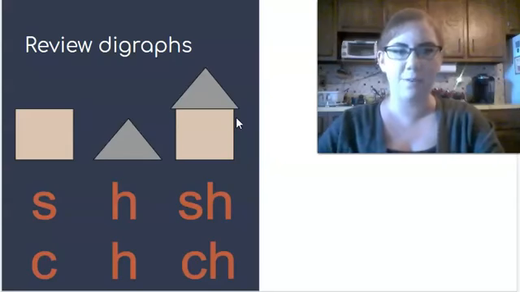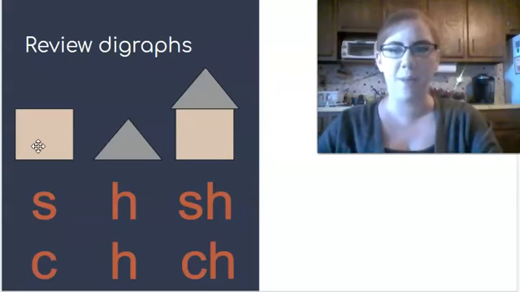It looks like a house. When the square is by itself, it's just a square. When the triangle is by itself, it's just a triangle. But when you put them together, they make a house. We want to look at our letters and our consonant digraphs just like that.